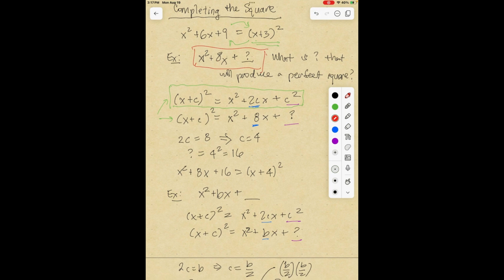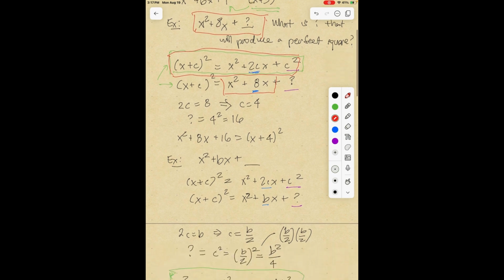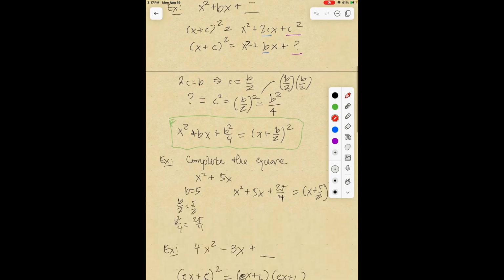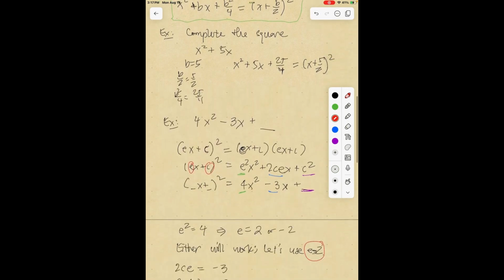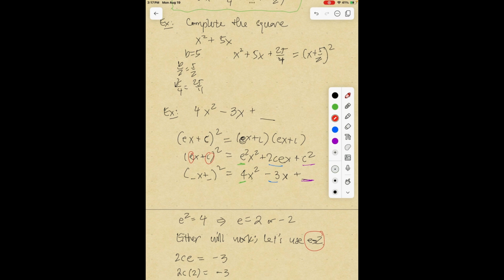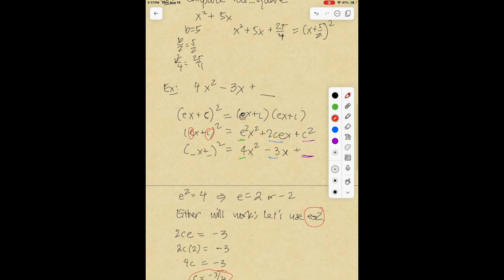It's because of this equation, and by matching it with what we had before, the x squared plus 8x, and then seeing that c has to be 4 in order for it to work, and then c squared is 16. And we explained how to do it if the number in front of x squared is not equal to 1, right? It's a bit more complicated, but it's pretty much the same idea.